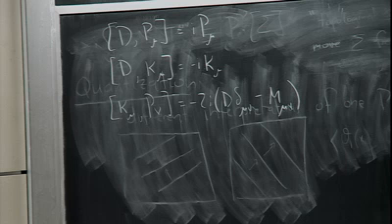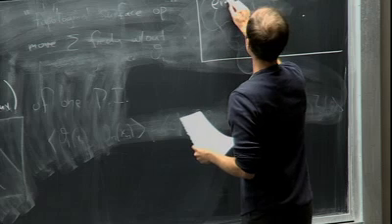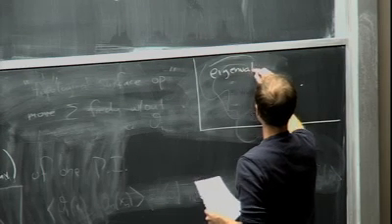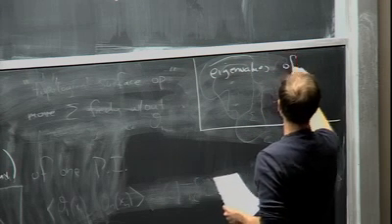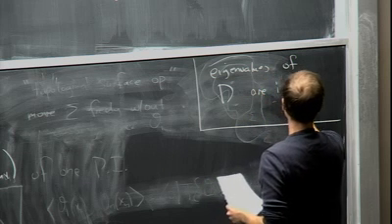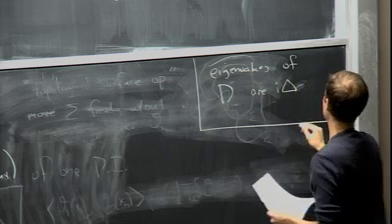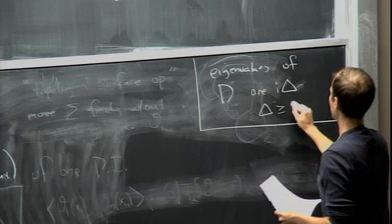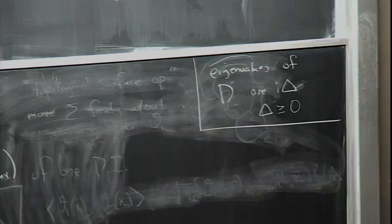Okay, what do these mean? So we'll see a little bit later that the eigenvalues of D are of the form i times Δ, where Δ is a positive real number, called the dimension.